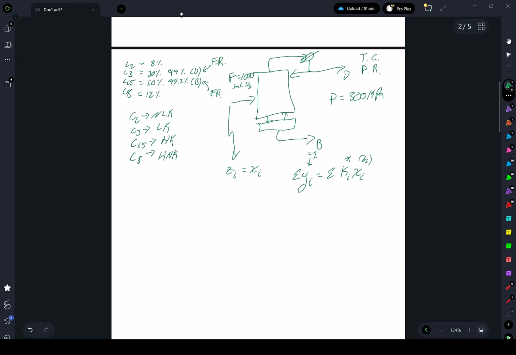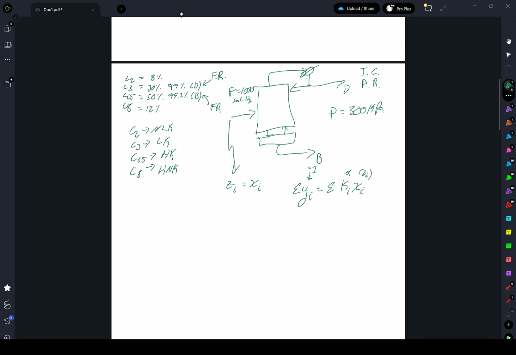So let's try for an initial guess. For an initial guess, you can say that you want your light key K value to be greater than 1 while keeping your K value for your heavy key less than 1. So you want your K C3 to be greater than 1 and your K CI5 to be less than 1.